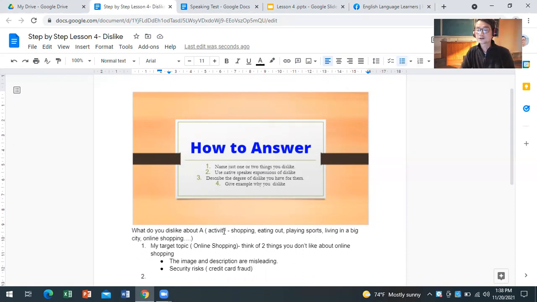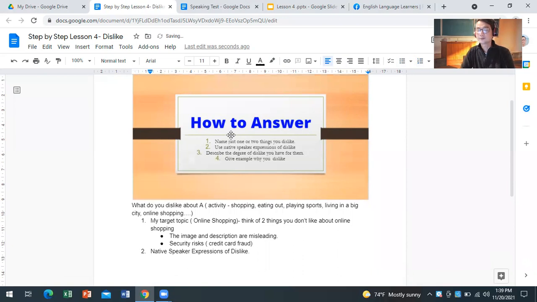Now, number two, so you use native speaker expression of dislike. What are they? Native speaker expression of dislike. So there are a lot of ways to use, right? Let me go to the classroom and see what do we have, okay? Okay.